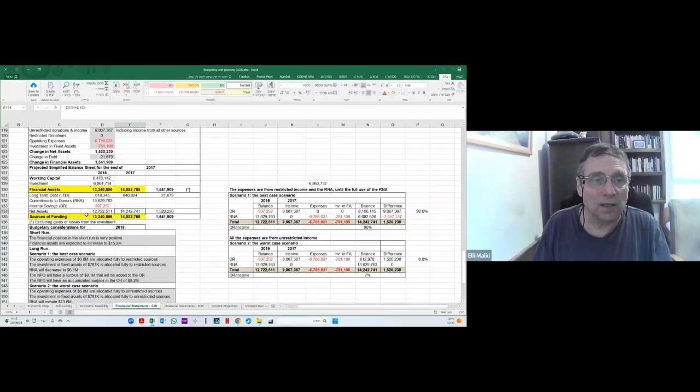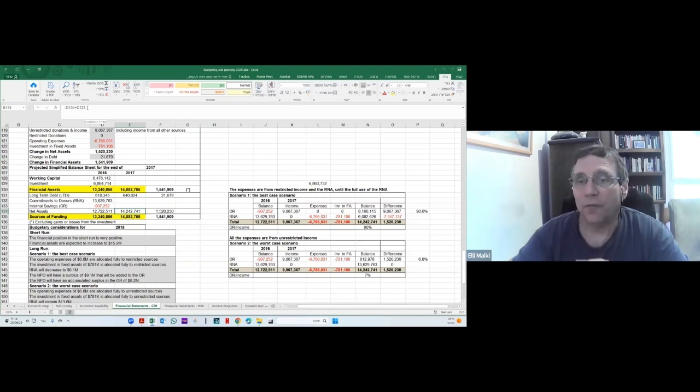We can tell that the sum of these two components, restricted net assets and operating reserve, which was 12.7, will increase by 1.52. This figure equals this figure, and it will reach 14.2.